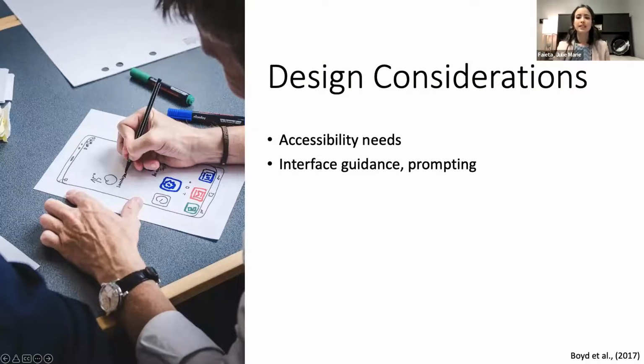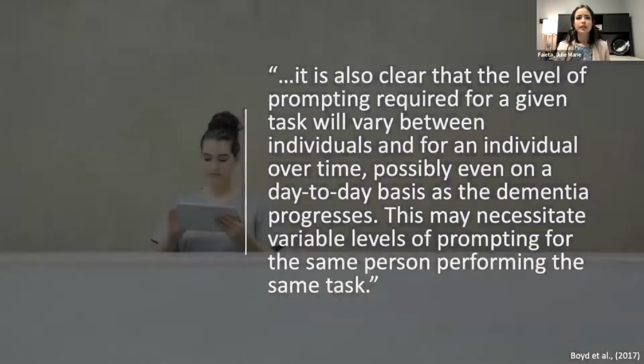So this design appreciated some of the cognitive challenges that individuals within their target end user group might experience. Something else that the researchers noted: it's also clear that the level of prompting required for a given task will vary between individuals and for an individual over time, possibly even on a day-to-day basis as the dementia progresses.